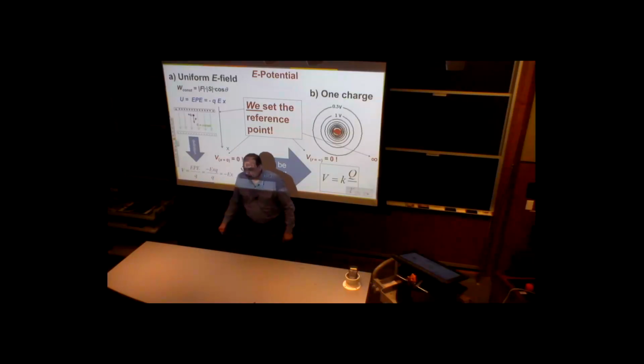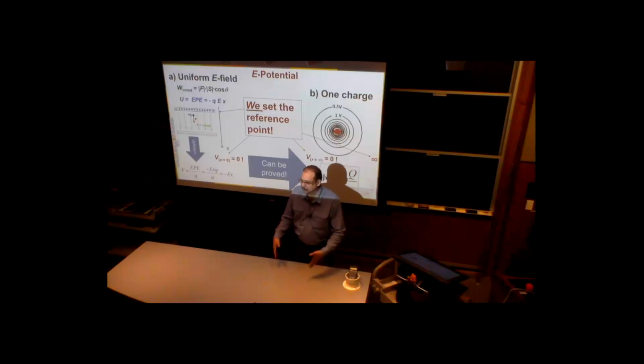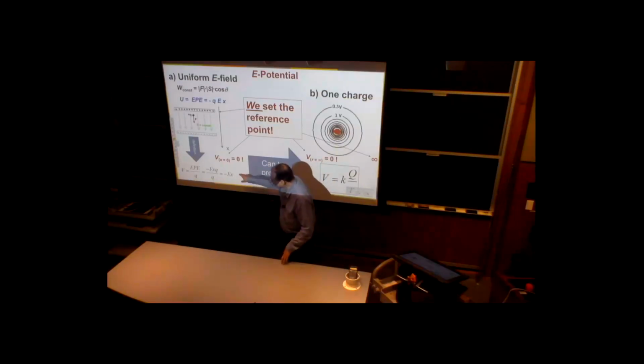This is an expression for electric potential of an electric field when the field is uniform, when the axis points parallel to the field. So this is a mathematical proof. Now we can make a leap of faith here.